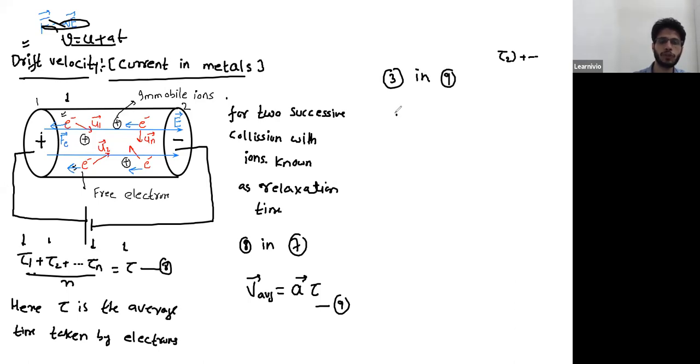If I substitute 3 in 9, that means your average velocity is minus of E tau by m.